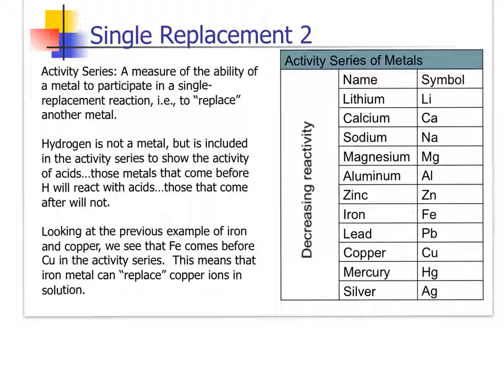And if you have something in a solution having an anion that's high on the popularity chart, and the thing trying to replace it is lower, it's not going to happen, so no reaction will actually happen.